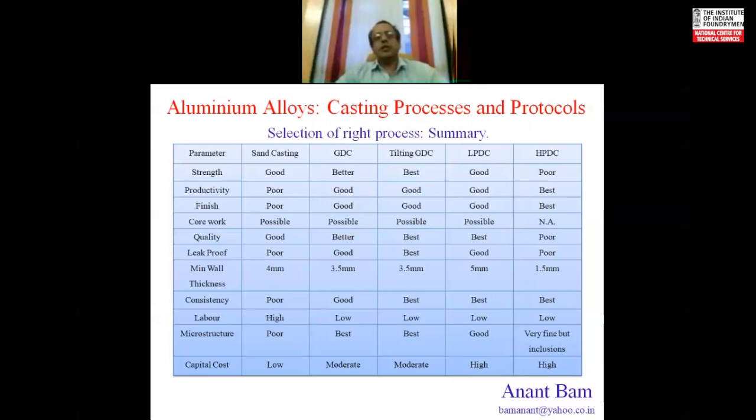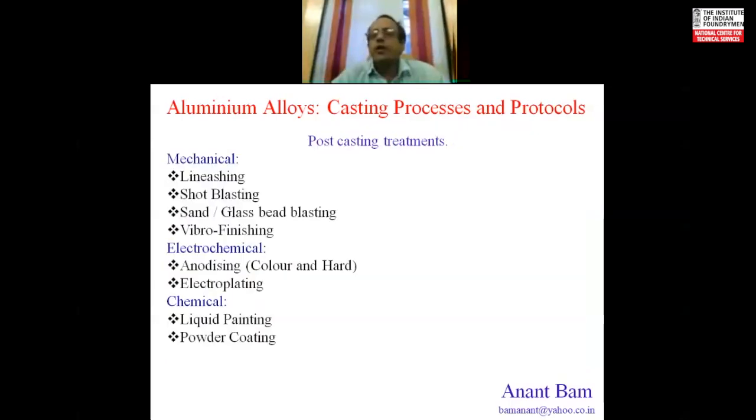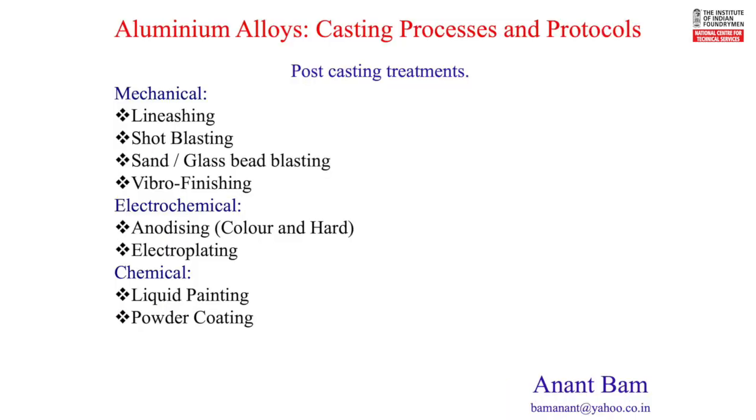In this last slide, we can briskly touch upon all the post-casting treatments possible. First is mechanical, which is a finishing process. One is fettling, shot blasting, sand blasting, bead blasting, and vibratory finishing. Electrochemical, which is anodizing or electroplating, and chemical, which is liquid painting or powder coating.